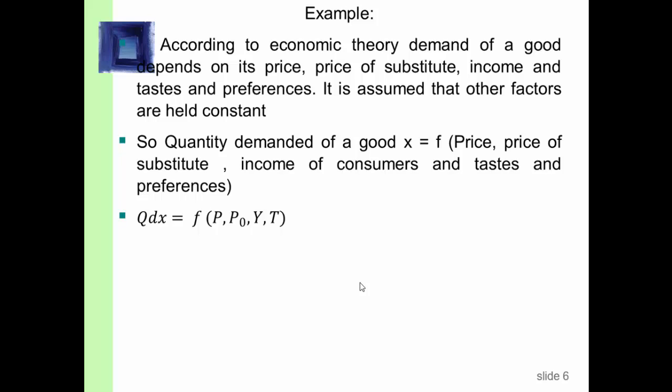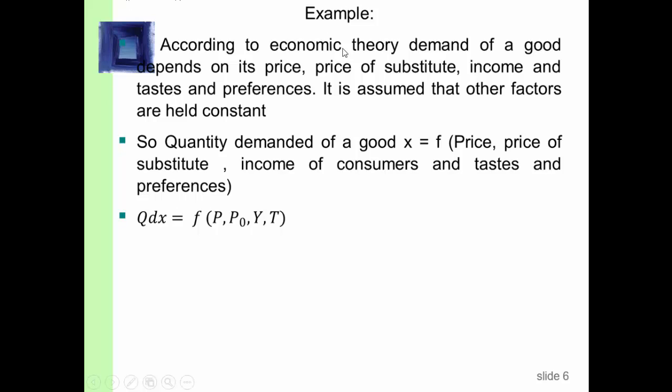You may have heard about the theory of demand, in which we say that demand is a function of price. We know that there are also some other determinants of demand as well, like the price of substitutes, income, tastes and preferences.